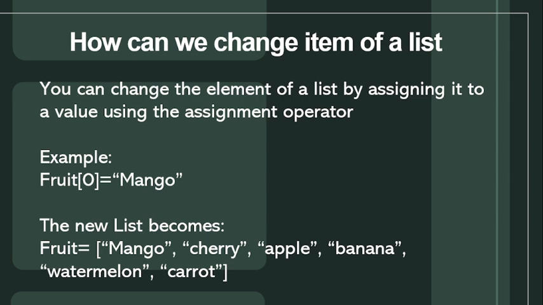It is used to assign a value to a particular position in a list, like you assign a value to a variable. So position 0 is now mango. If you print the entire list out, you will have something like this: mango, cherry, apple, banana, watermelon, carrots. Exactly.